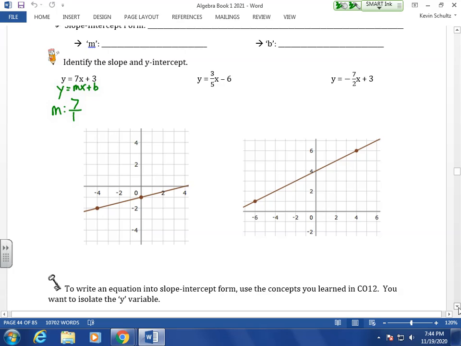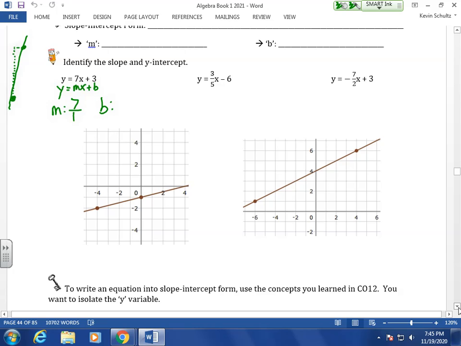So just by looking at the equation, it gives you some information about it. This is going to be a pretty steep line, isn't it? I mean, 7 over 1, just sketching ordered pairs here, I'm going up 7 on the y-axis and only over 1. Okay, there's a black diamond ski slope for you right there, right? But it still has some horizontal movement, so it's still a legit slope. But 7 over 1. And then the y-intercept, that b variable, is positive 3.